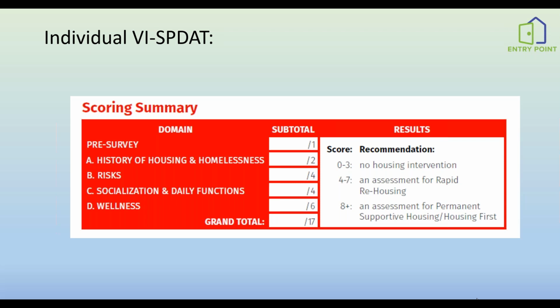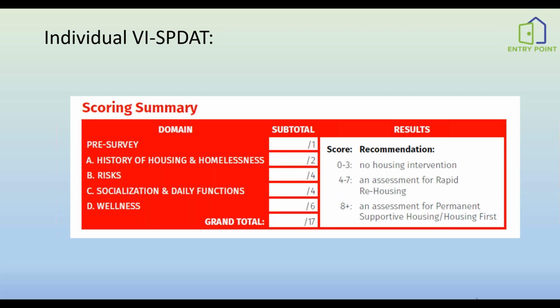But in suburban Cook County, because of the capacity of our system, and because we choose to do dynamic prioritization, which is covered in a different module, we do not guarantee that everyone who has a score of 8 is going to get permanent supportive housing, because we don't have enough permanent supportive housing to house everyone with scores of 8 or above.